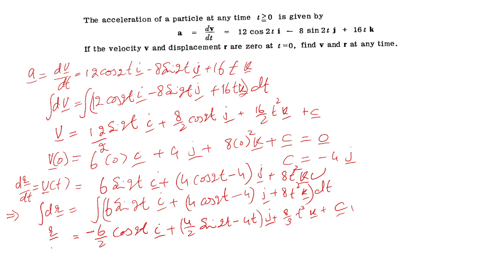So when we put t = 0, the displacement is also 0. So r at 0 position, this will give me minus 3 i, cos 0 is 1, and now sin 0 will give me 0, so 0 j and 0 k.